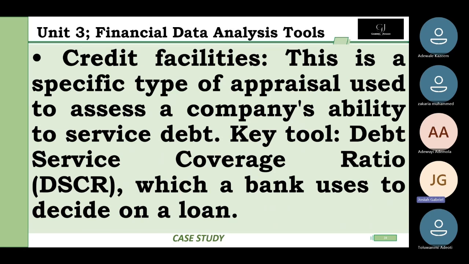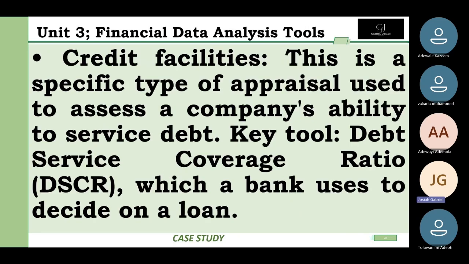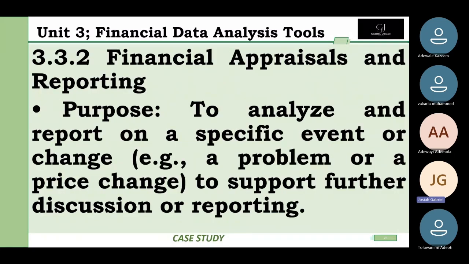A bank uses it to appraise a project or a customer, to look at viability and creditworthiness. Mostly you are appraising to see if you can provide a loan and if the company or individual is able to return it. You are essentially financially appraising the person.